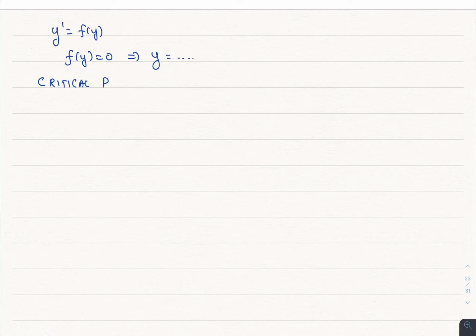Technically y is a function, but they are constant, so we are okay. So for example, if you have y prime equals, let's just say, y times 1 minus y. I have this differential equation.